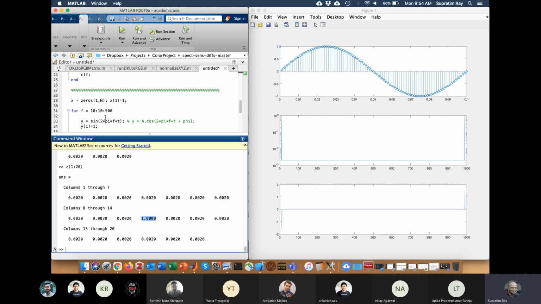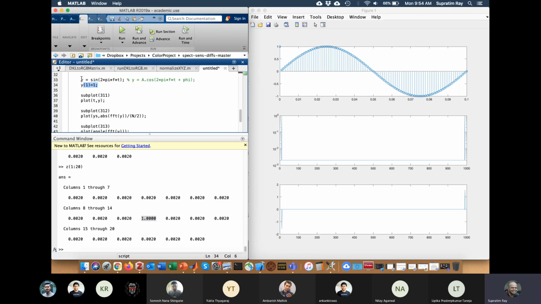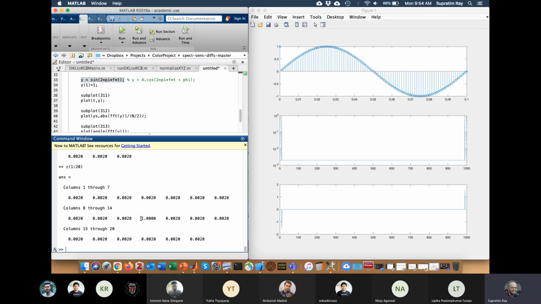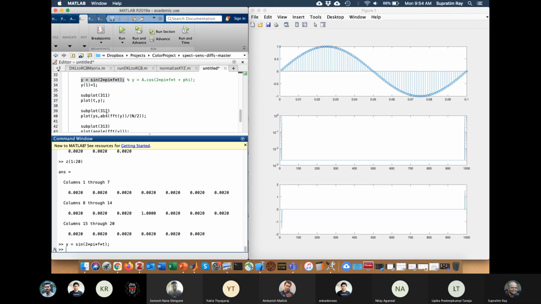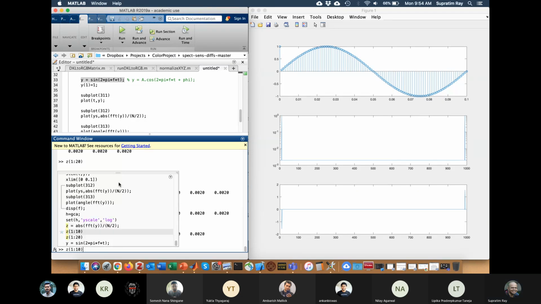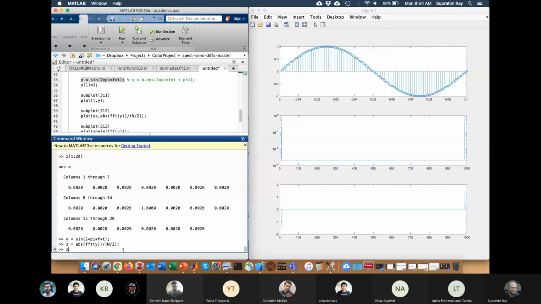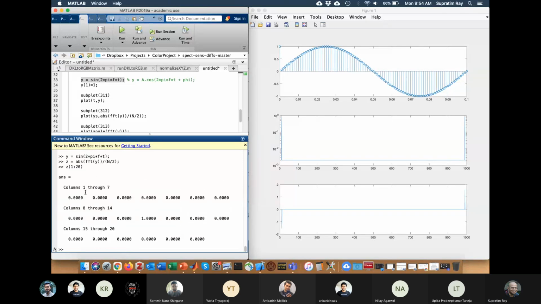If I didn't have this delta, if I just had the sinusoid and then I had done the FFT of this, now everything would have been 0 except the 10th entry or the 11th entry in this case.